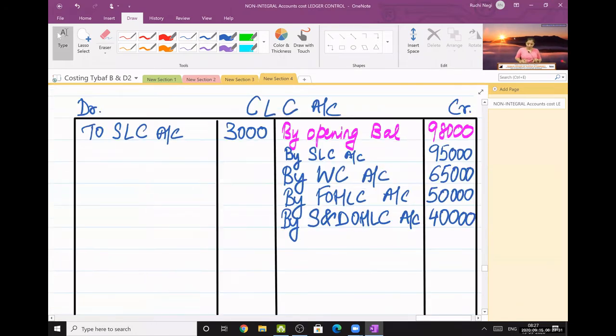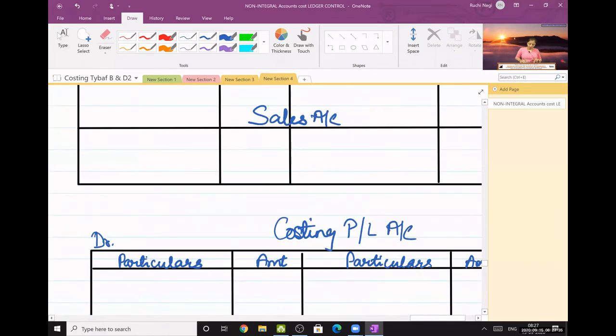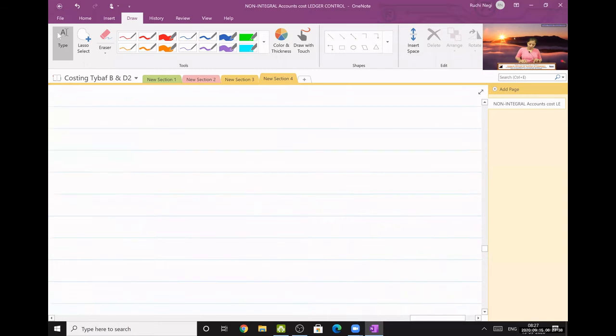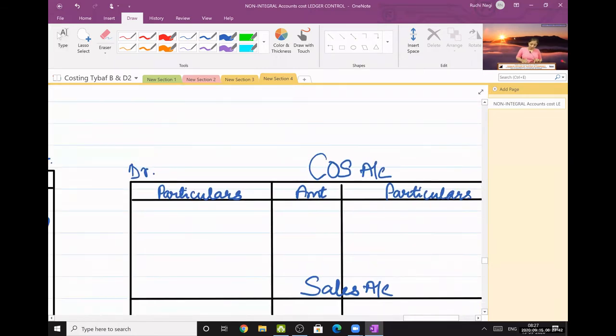Then इसका charge का entry cost of sales to selling and distribution, cost of sales account debit to selling and distribution overheads ledger control account. You have to write the whole abbreviation.